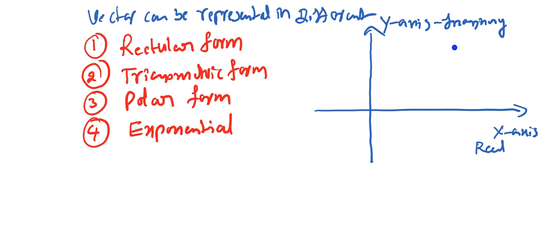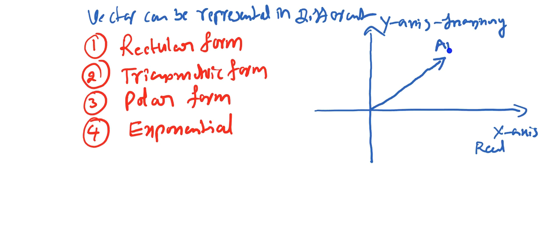If you take any vector, how will you represent it in the xy graphical system? Let us consider this is my vector A1, which has a magnitude of A1.